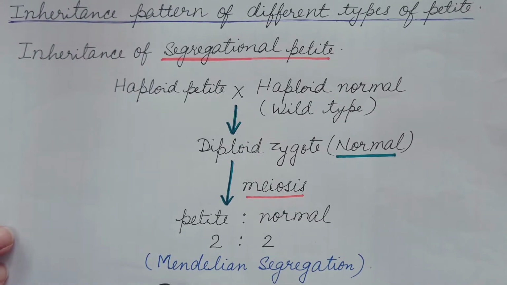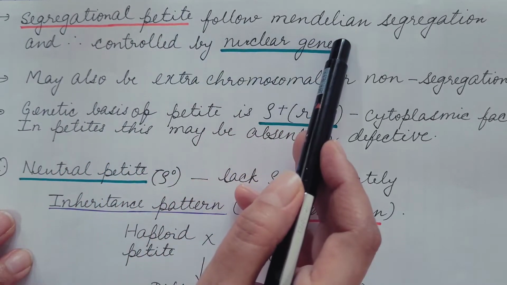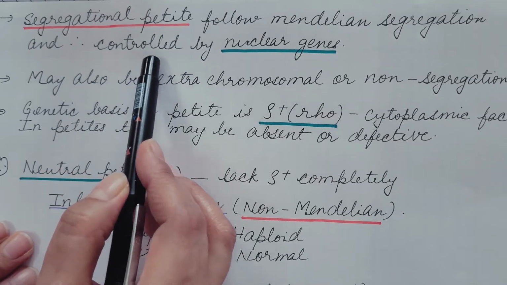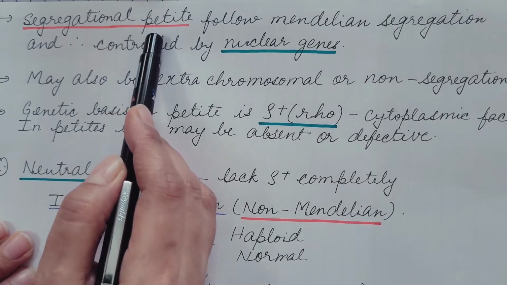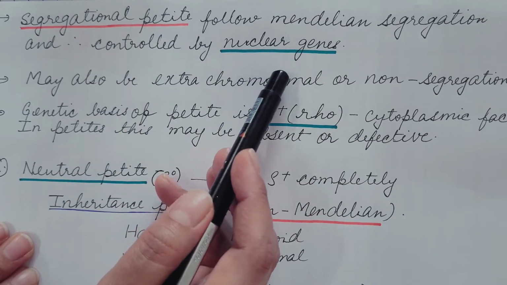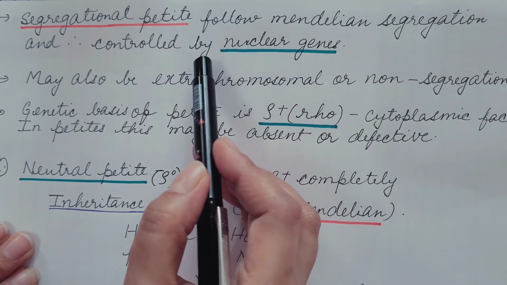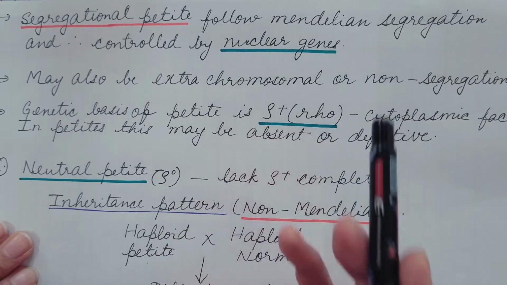So this ratio indicates that Mendelian segregation is taking place. So we can conclude that segregational petites follow Mendelian segregation. So these are controlled by nuclear genes; in the segregational petite, the defective mitochondria is due to a mutation in the nuclear genes, because nuclear genes only show the Mendelian pattern of segregation.